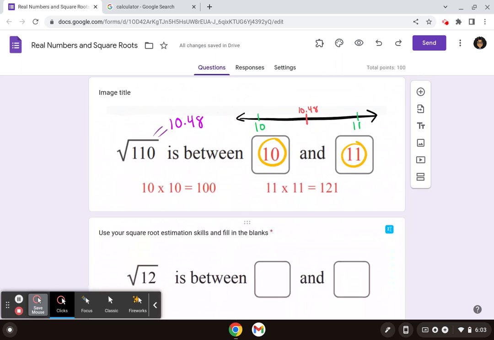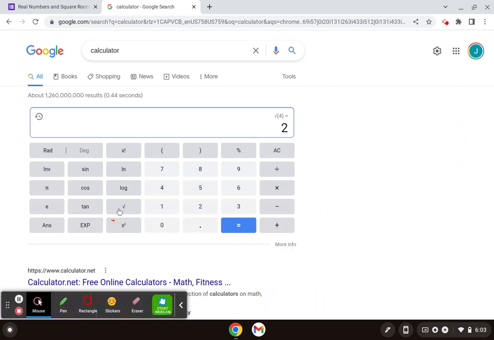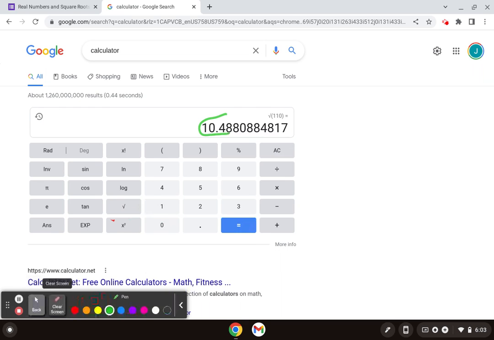All right, this is the 8th grade part. Here's the example I gave. For the example, it says that this is what the students typed in the calculator. Square root of 110. All right, so let's go to the calculator, and we're going to hit square root of 110. It gives me a long number, but notice we're only taking up to the second number past the decimal.